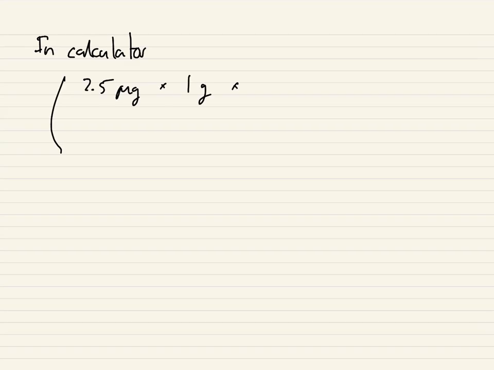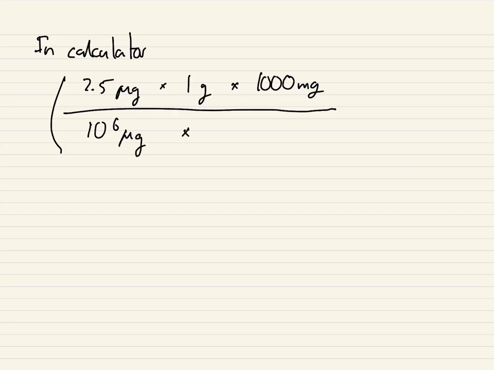So in the calculator, it's like 2.5 micrograms times 1 gram times 1,000 milligrams all over 10 to the 6 micrograms times 1 gram.